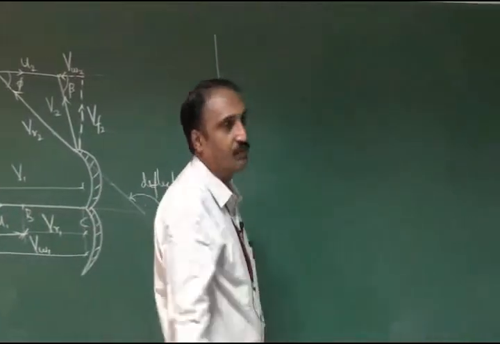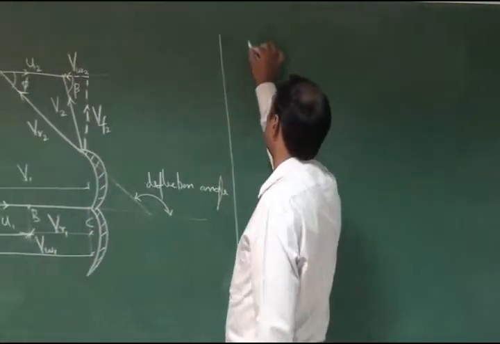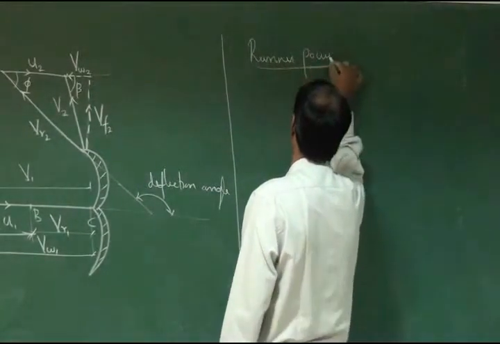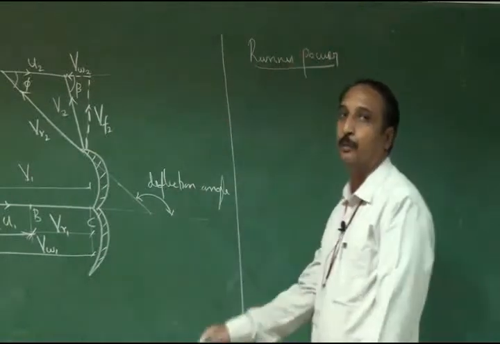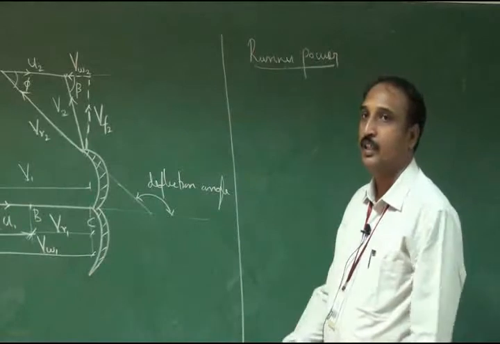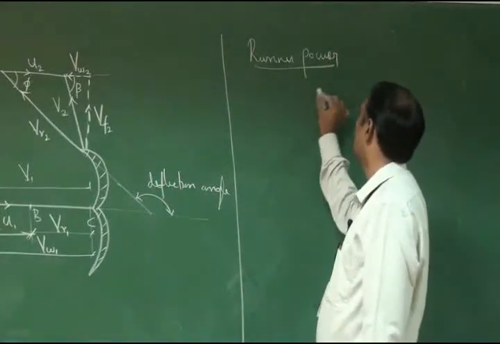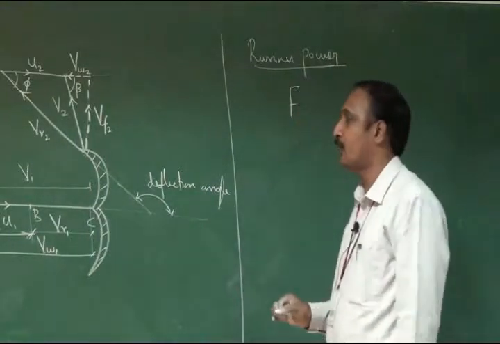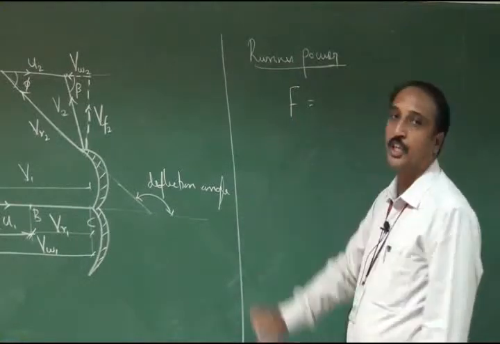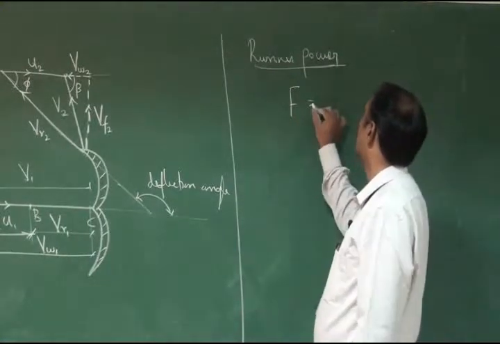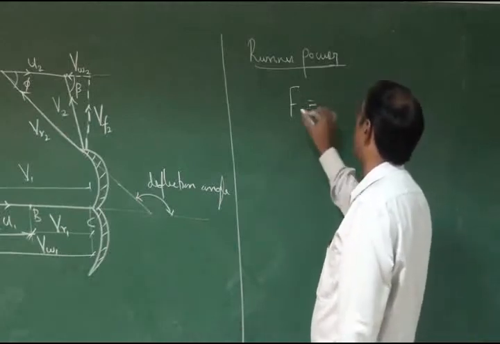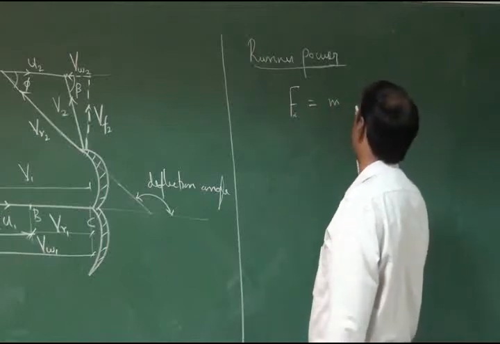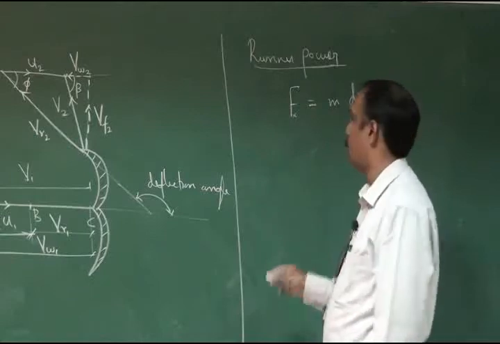Hydraulic efficiency. Before that, find the runner power. Runner power is nothing but work done by the jet of water on the bucket wheel. Here, first find the force acting on the bucket by the jet by using the impulse momentum principle, equal to force along the direction of the jet, mass into rate of change of velocity with respect to time.